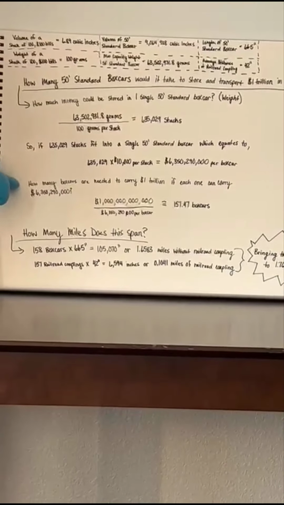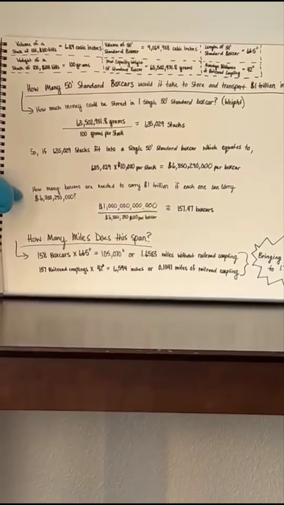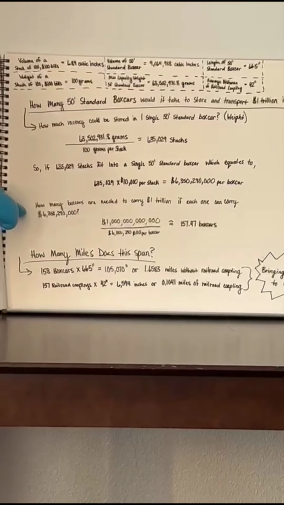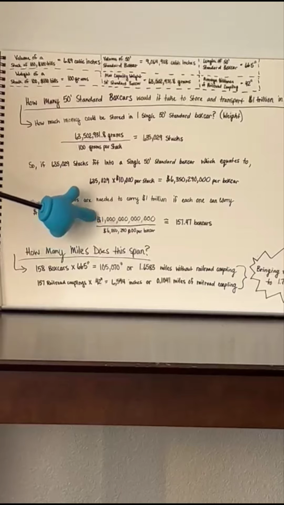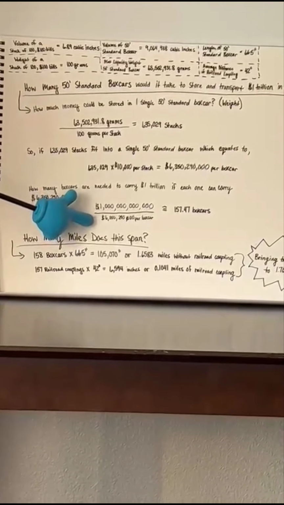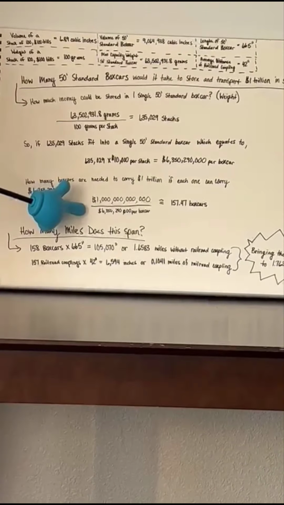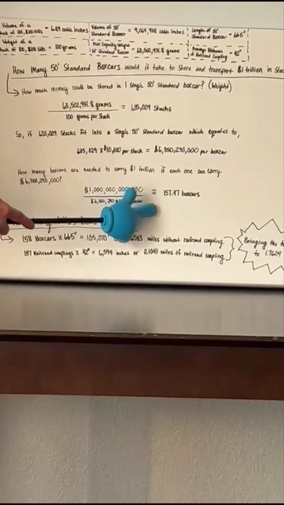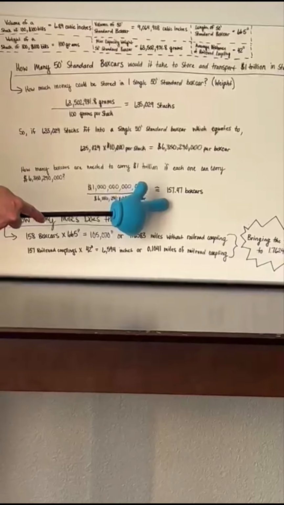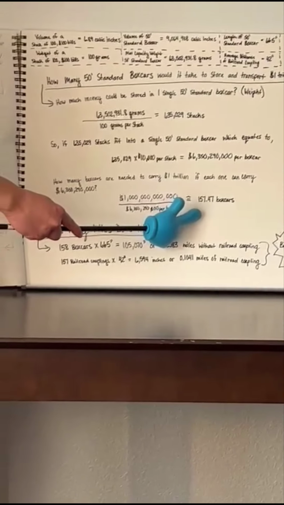So, how many boxcars would then be needed to carry $1 trillion if each one can carry this much money? So, we're going to take $1 trillion and we're going to divide that by the amount of money that can fit per boxcar, giving us a total of 157.47 boxcars.